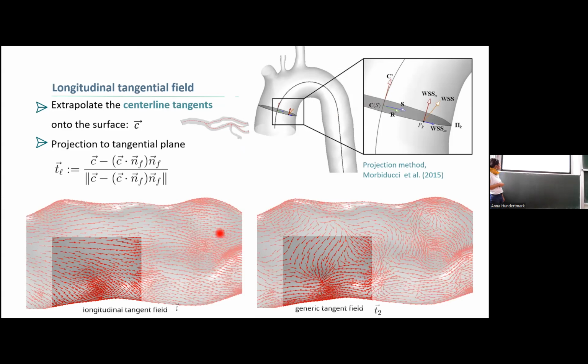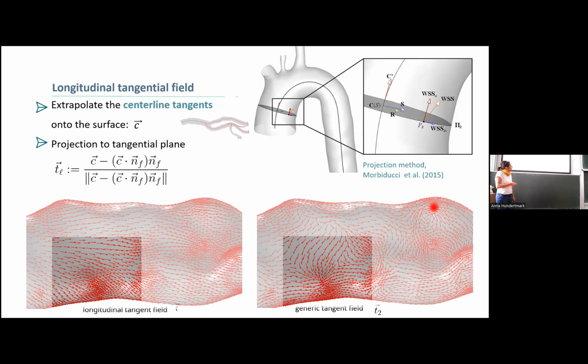On the left side, you see the tangential vectors T_L, which are almost perfectly aligned with the flow, which is from left to right. And in this case on the right, you have what we call a generic tangential vector, what the software gives you when you say, okay, please compute me a tangential vector based on some algorithm.